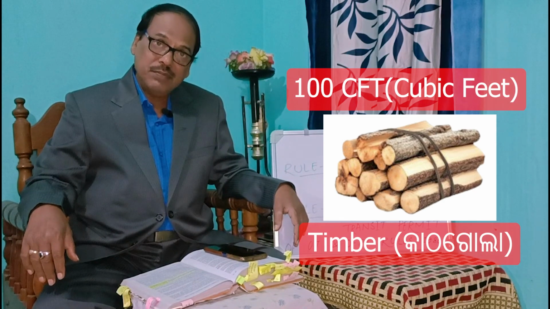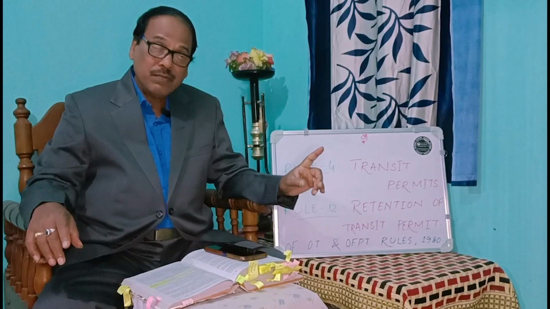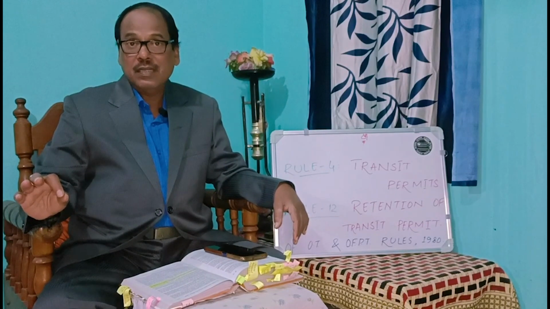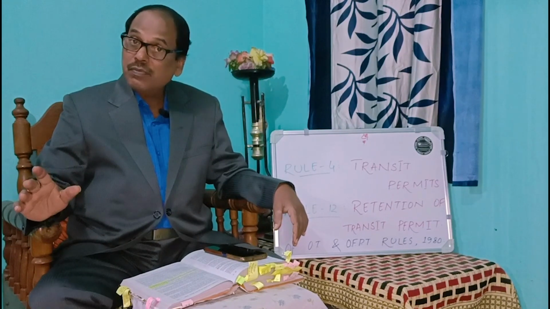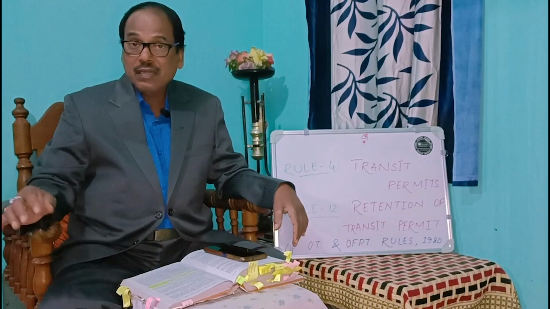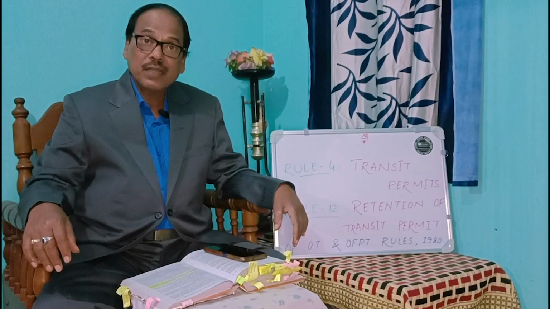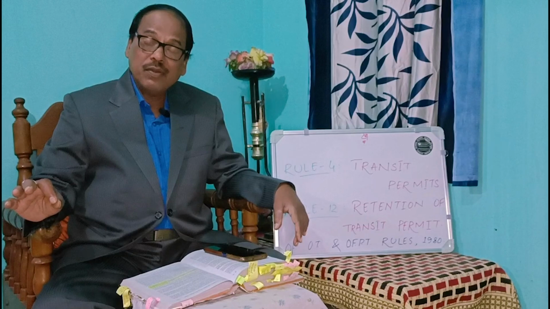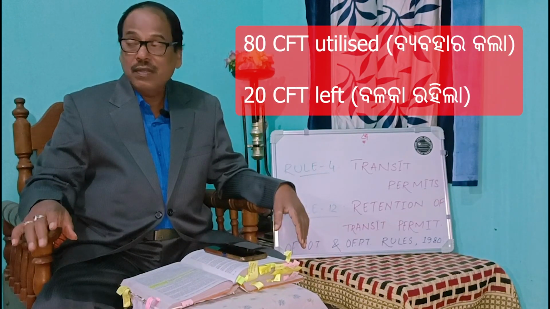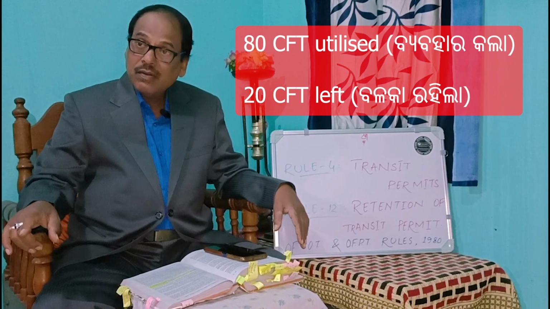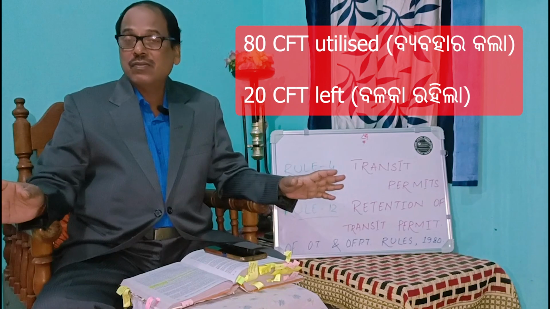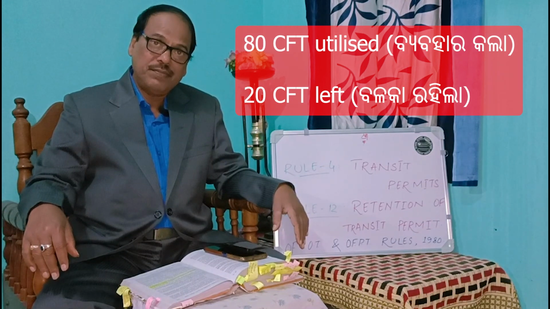OFPT Limited depot. That person brought it from that depot to his house with a permit that is called a TT permit, and that forest produce is kept in the house, and that person utilized, for example, 80 CFT of forest produce for doing any work in his house and left 20 CFT as such in his house.